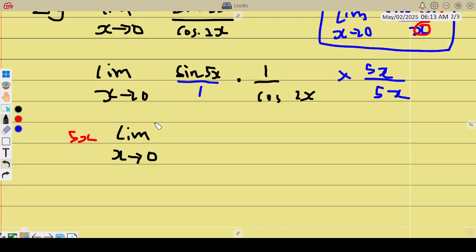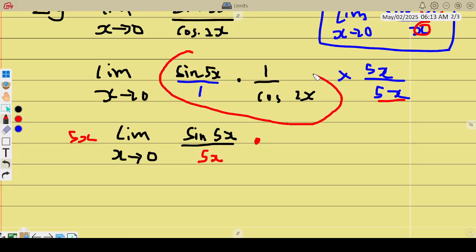So the limit as x approaches 0, we have sine 5x over 1. This 5x which is down, if we want, we can bring it here. We'll just put it here so that they can match, times. This limit is for everything here.